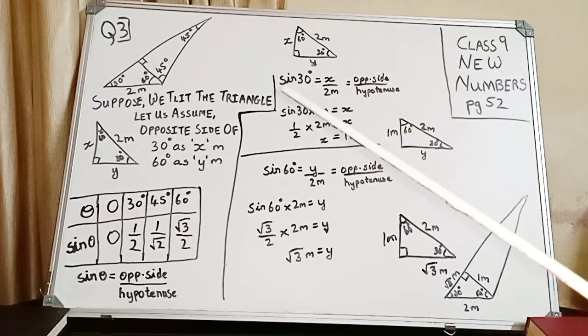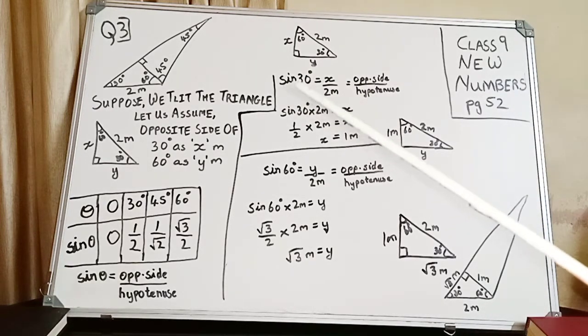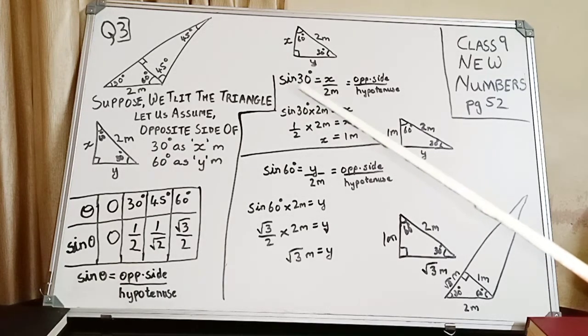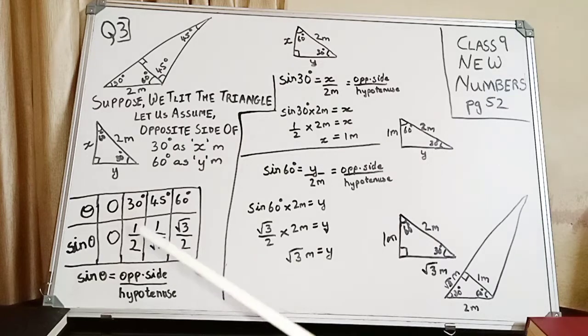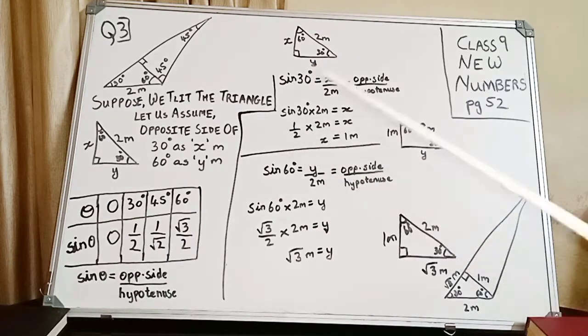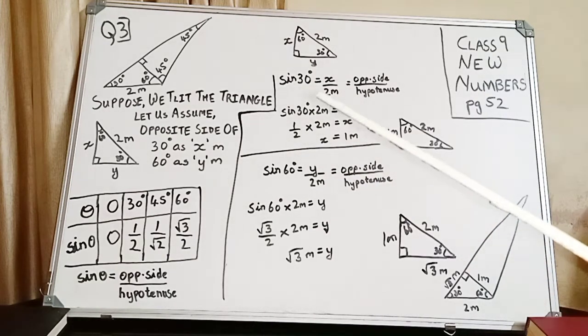So now, what would be sine 30? Instead of theta they have taken 30. You have to see the table. What is sine 30? Half. This value you have to substitute in this equation. Before substitution, sine 30 is equal to, according to this formula, opposite side divided by hypotenuse.